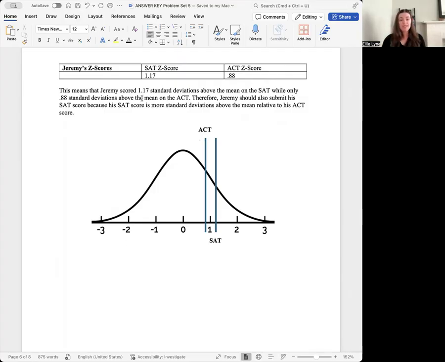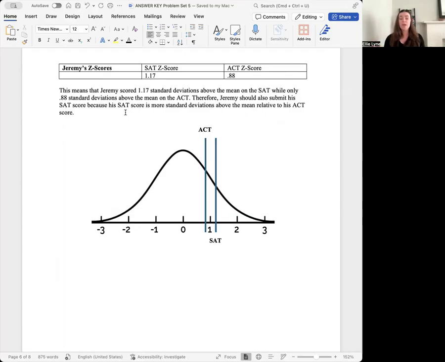So for Jeremy, since he scored 1.17 standard deviations above the mean on the SAT, while only 0.88 standard deviations above the mean on the ACT, he should also submit his SAT score because the SAT score is more standard deviations above the mean relative to his ACT score.